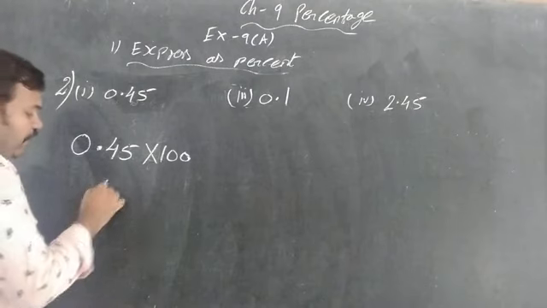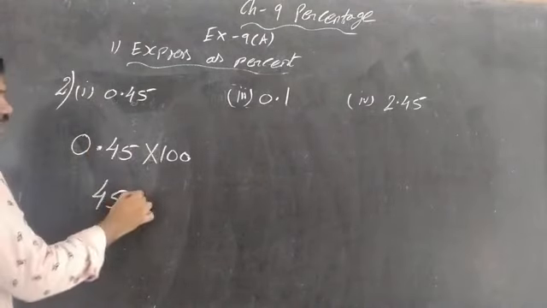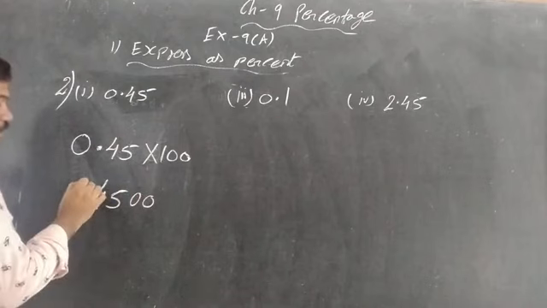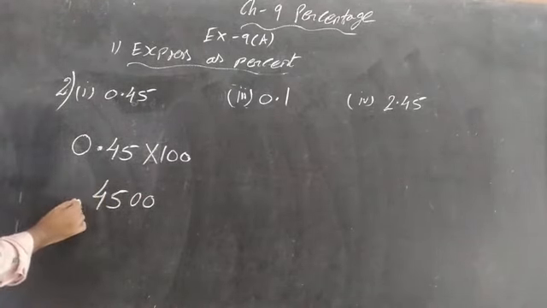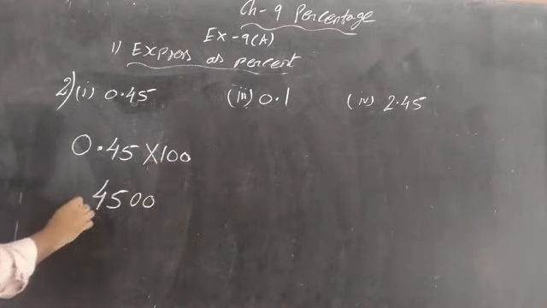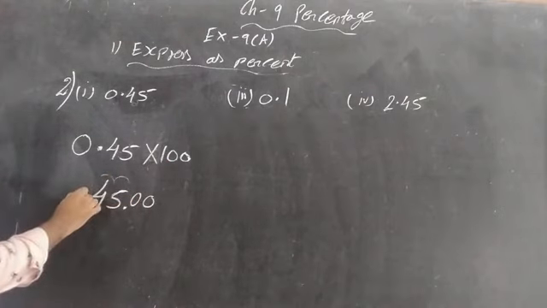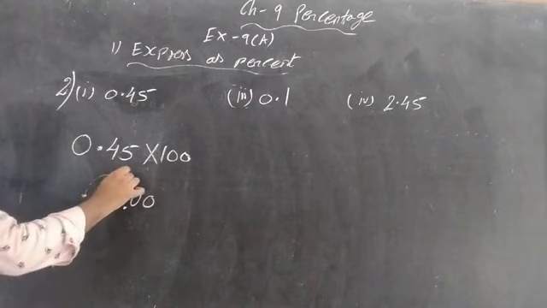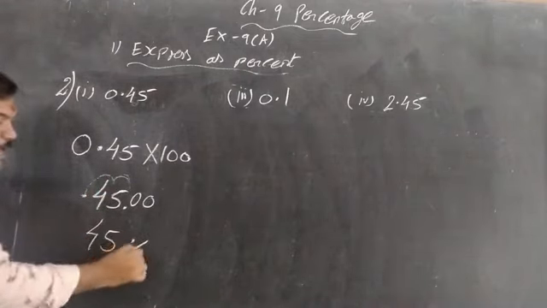First write 45. The point will move to the right 2 places. Why 2 places? Because we are multiplying with 2 zeros. The point jumps 2 places. So the answer is 45 percent.